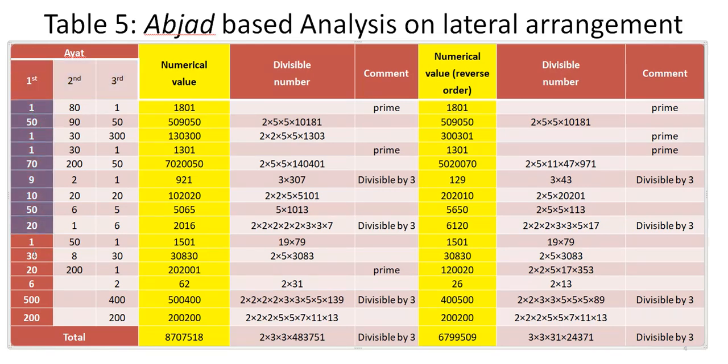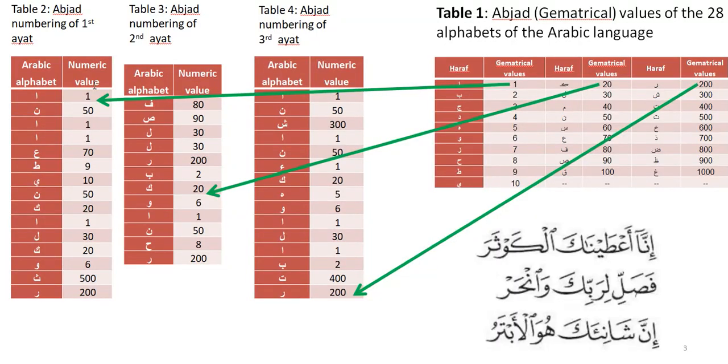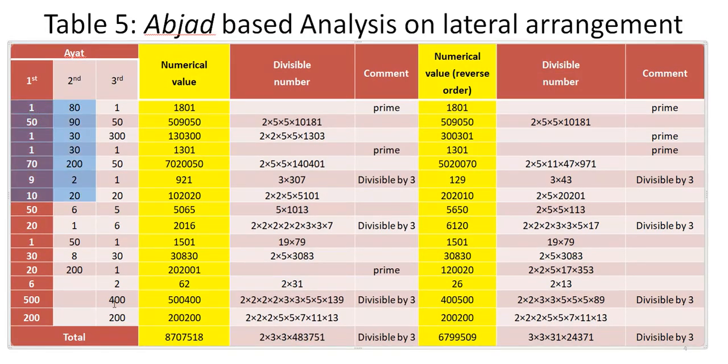The abjad values of all the alphabets are put here, that means the things we have seen in the previous slide. So these 3 columns are put here, and the numerical values are extracted from the lateral position.